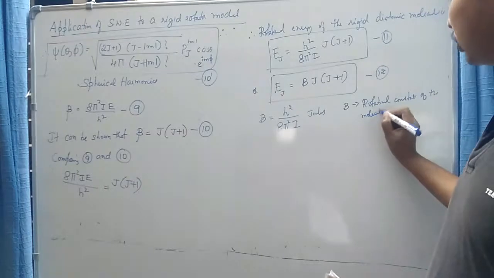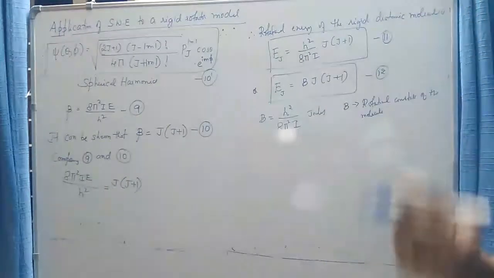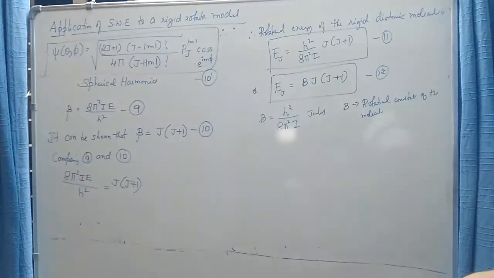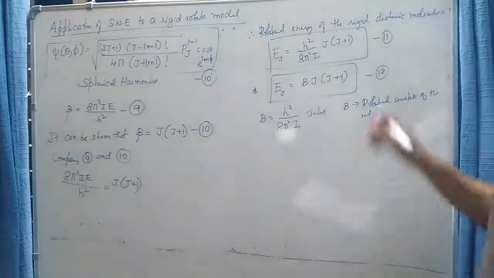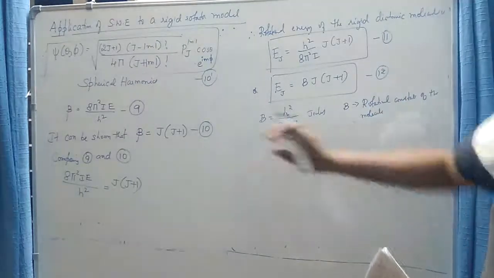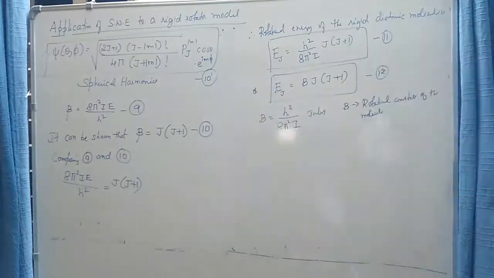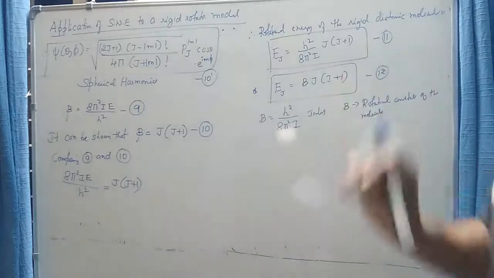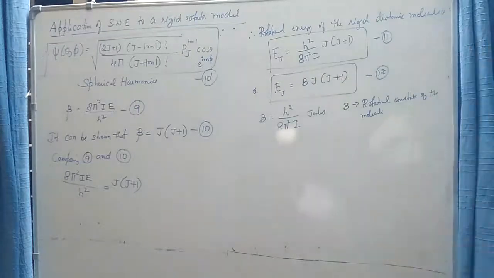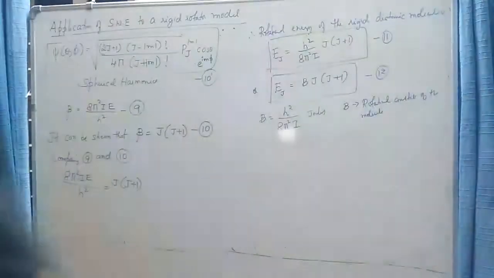It is a very important constant related to the rotation of the molecule. Okay. So this is the expression for energy, and this is the expression for the wave function for a rotating diatomic molecule treated as a rigid rotator. To sum up this topic, let us try to understand some important features of rotational energy of a diatomic molecule. Okay.